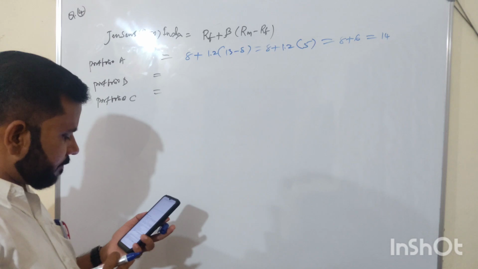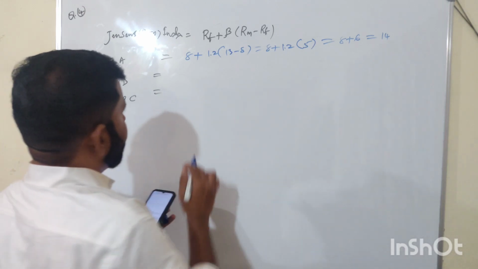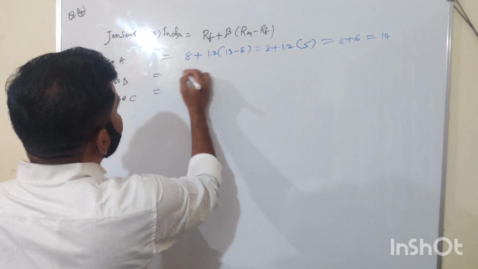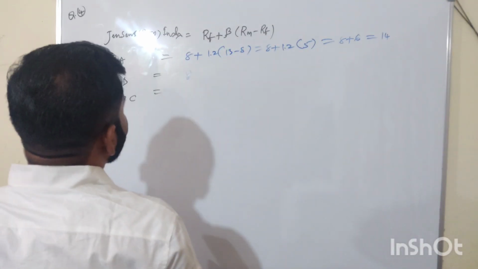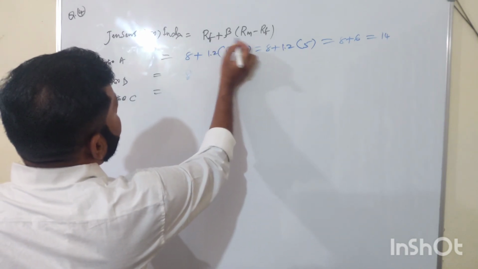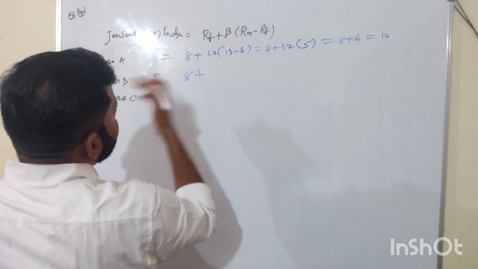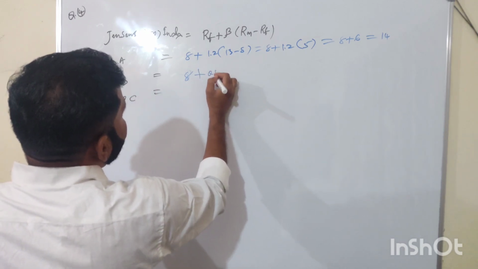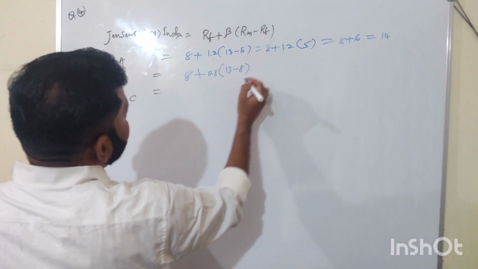Portfolio B's beta is 0.8. According to this formula, RF is 8 plus beta 0.8, and market return 13 minus RF 8.